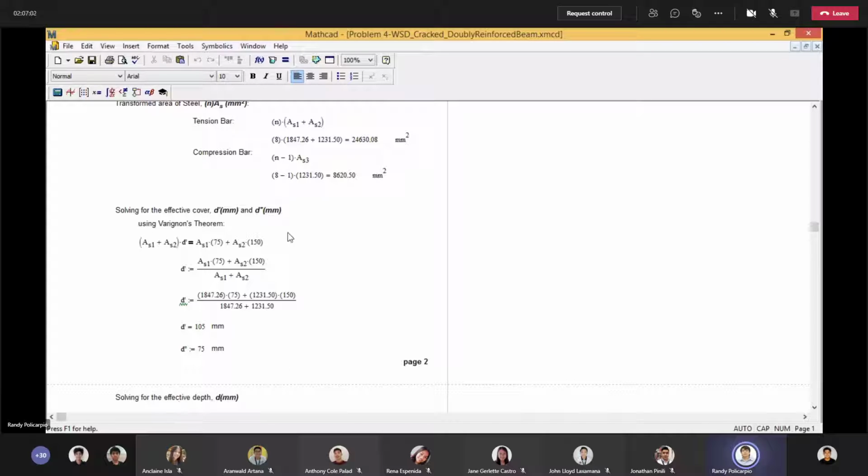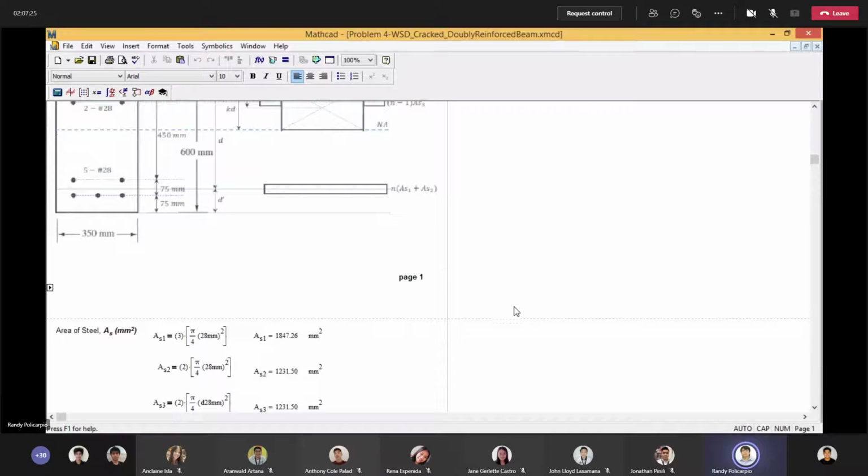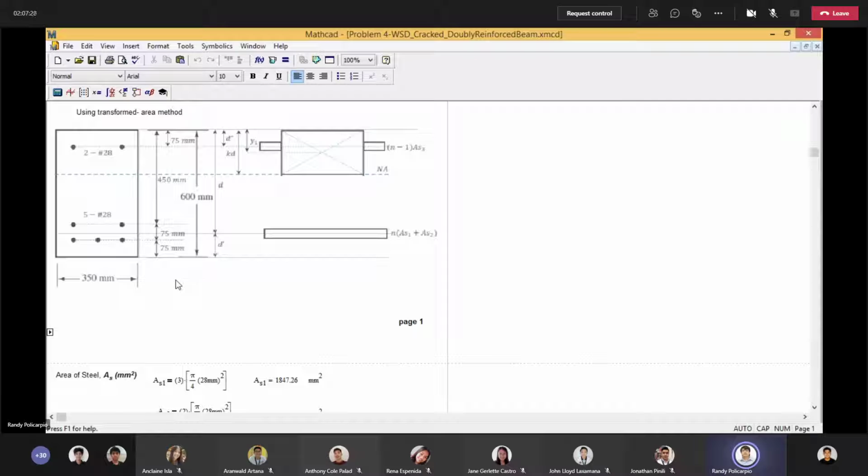For the tension reinforcement, ito yung computation natin: area total multiplied by D prime, equals AS1 multiplied by 75 plus AS2 multiplied by 150. Kapag kinonsider natin ito, yung distance nitong tatlong bar na to, 75, yung distance nitong dalawa is 150.